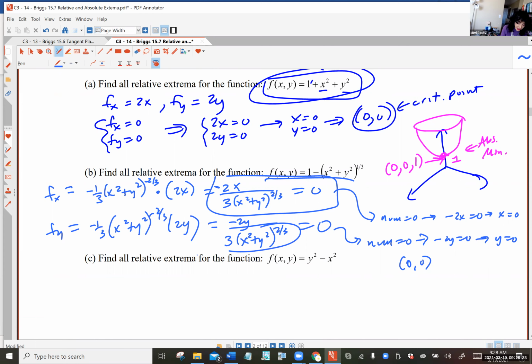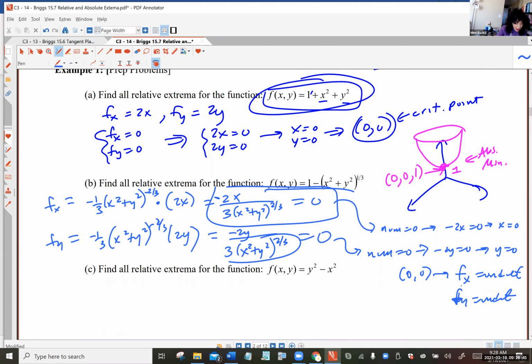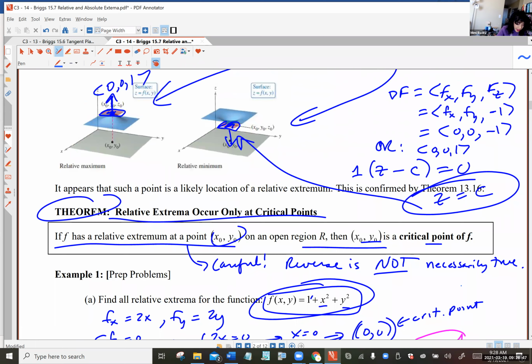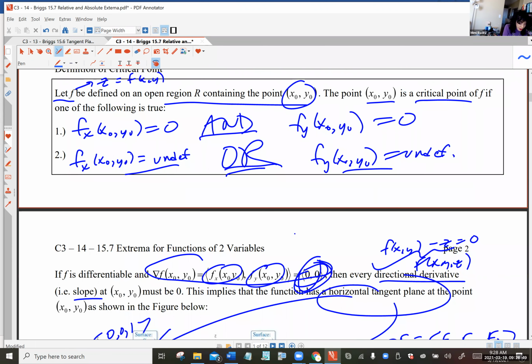So this critical point is where fx and fy are undefined. They aren't really equal to 0. fx and fy are undefined. And remember, that is one way you could have a critical point where your partials are undefined.